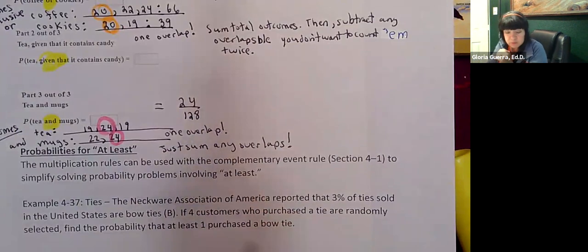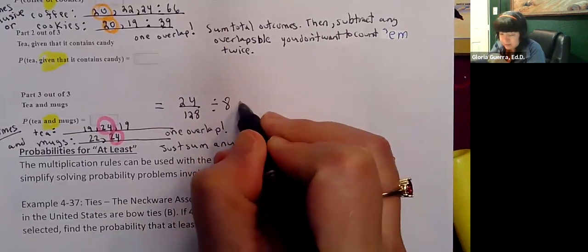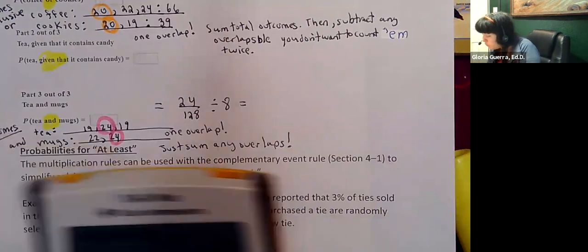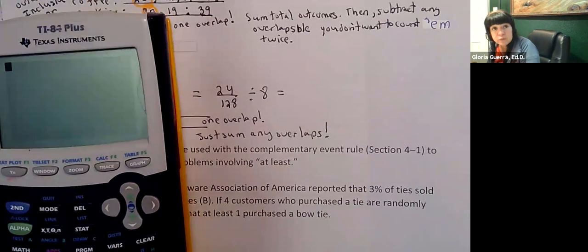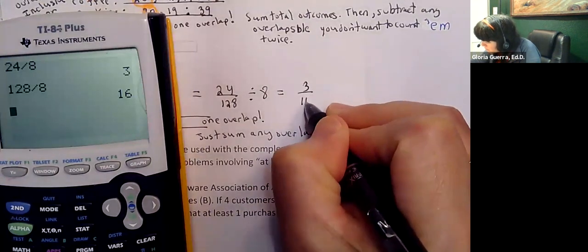Now this can be reduced. Excuse me, it can be reduced by 8. 24 divided by 8, 128 divided by 8. That gives us 3/16.